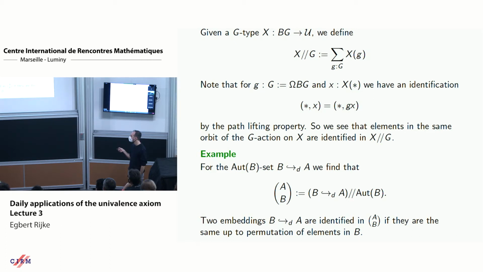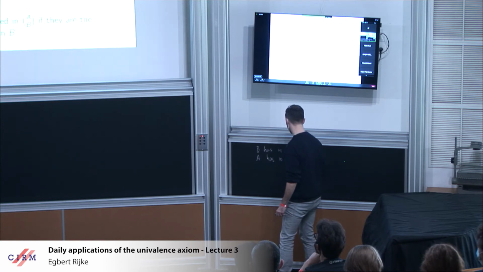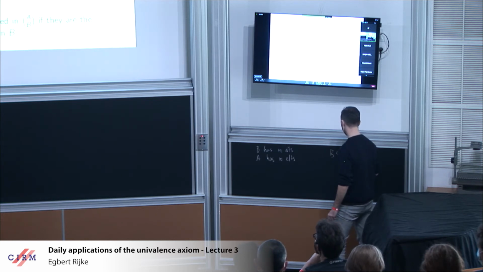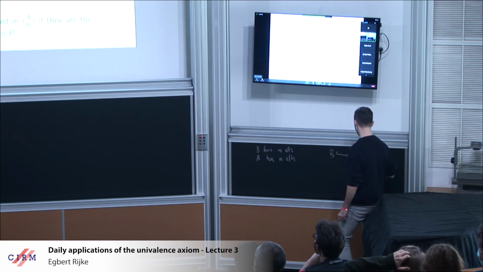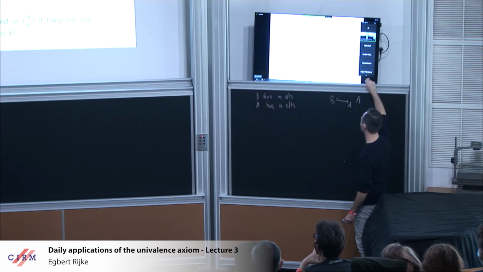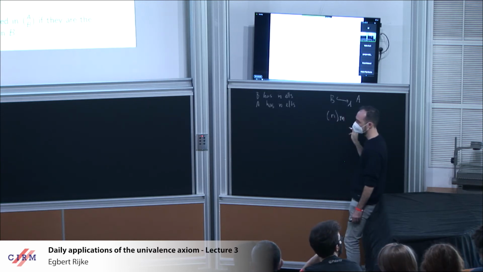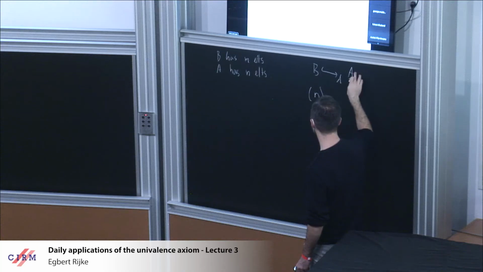Now you can start seeing, if we do some basic calculations with cardinality, if B has m elements and A has n elements, then there are this many embeddings from B to A. This is the falling factorial.